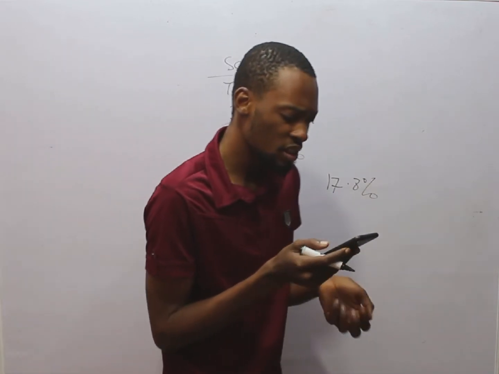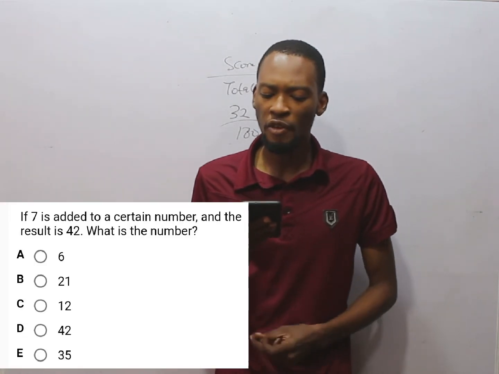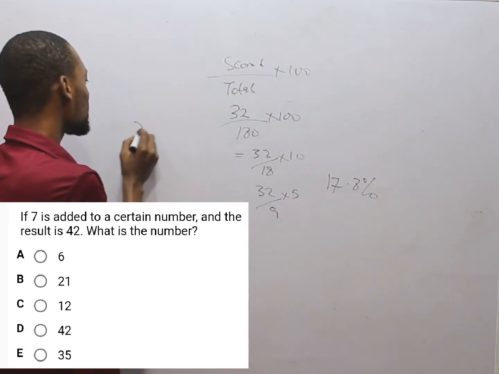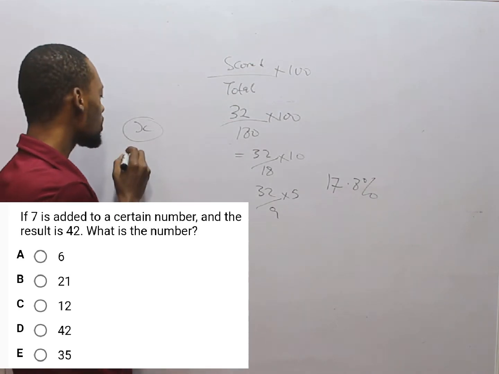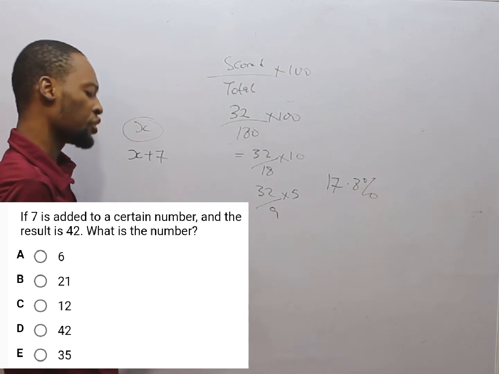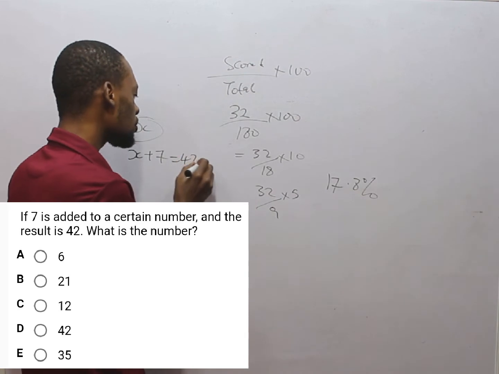And the next question says, if 7 is added to a certain number and the result is 42, what is the number? Let's call the certain number S. If 7 is added to the number, it simply means S plus 7. And if the result is 42, it implies that S plus 7 equals 42.